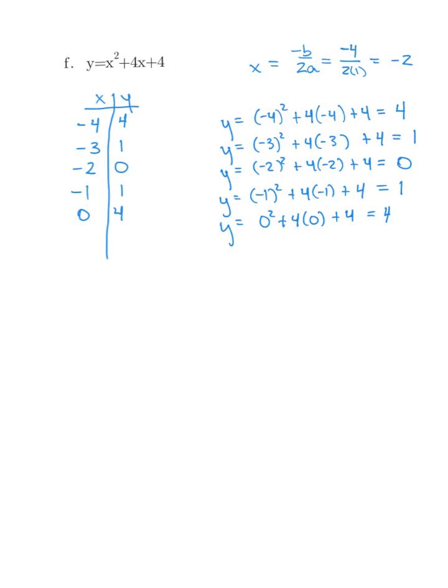So let's go ahead and graph it. If we start by plotting our points, we have -4, 4 is going to be 4 to the left and 4 up. -3, 1 is 3 to the left and 1 up. -2, 0 is 2 to the left, do not go up or down. -1, 1 is 1 to the left and 1 up.